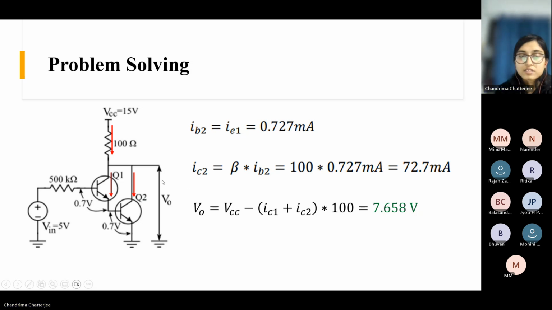So the voltage drop here would be VCC minus (IC1 plus IC2) times 100, because the summation of these two currents is flowing through this resistor. That's why we need to sum these two currents and multiply by 100. This will be the voltage V0. This is 7.658 volt. Is this fine? How I calculated V0 here?